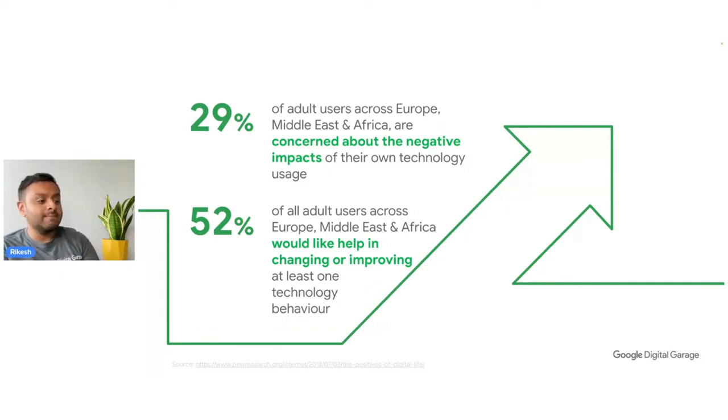But if we look at that figure of 52%, you can also look at it from the other aspect, which is that 48% of adults don't really want to change or improve their technology behavior and habits. So as much as we are slowly becoming aware of it, some of us may not want to change our habits, or don't know where to start sometimes.